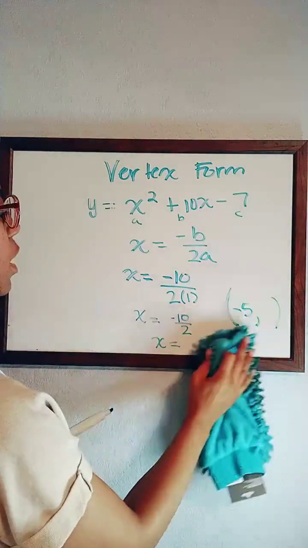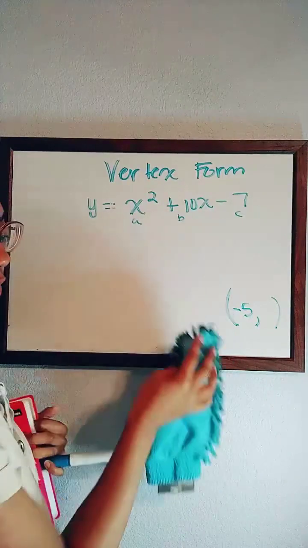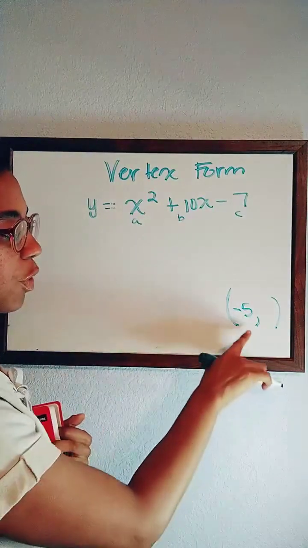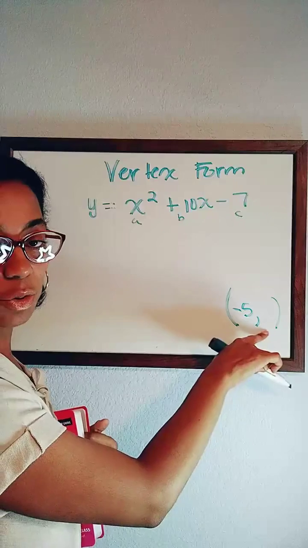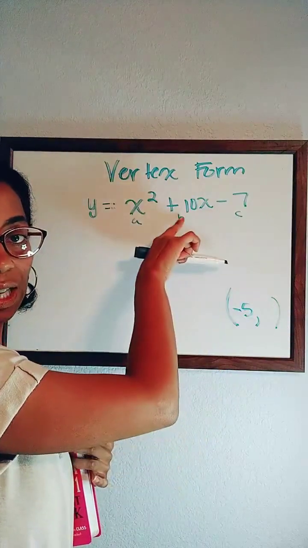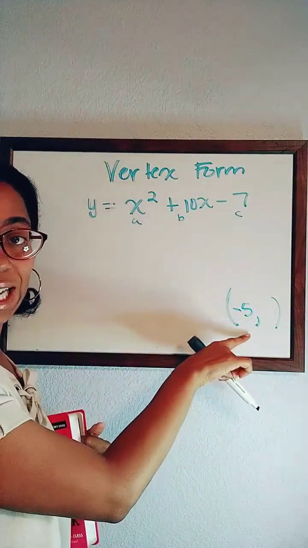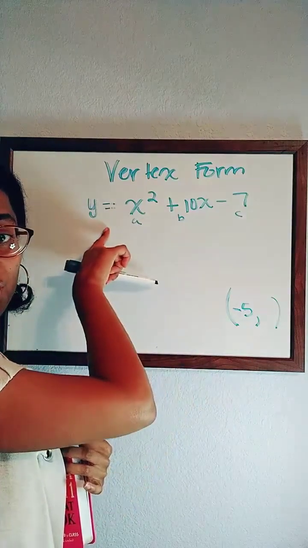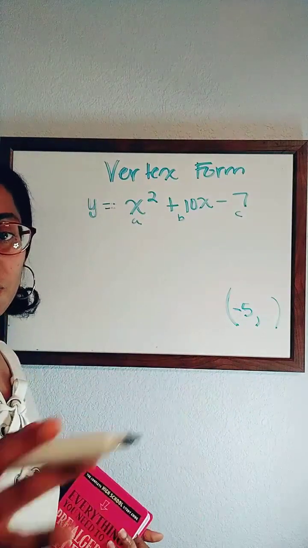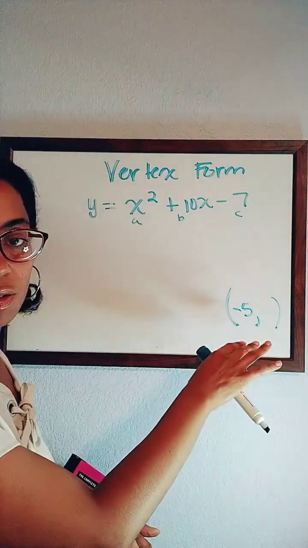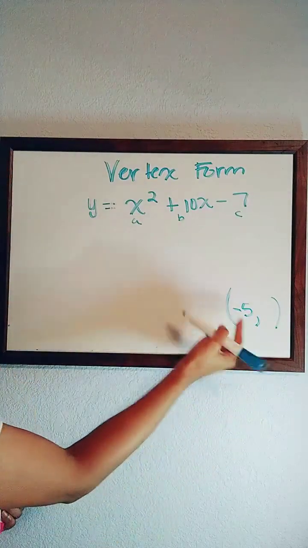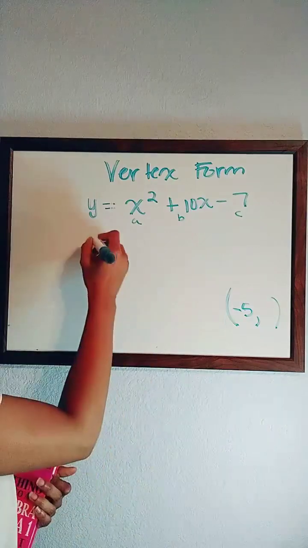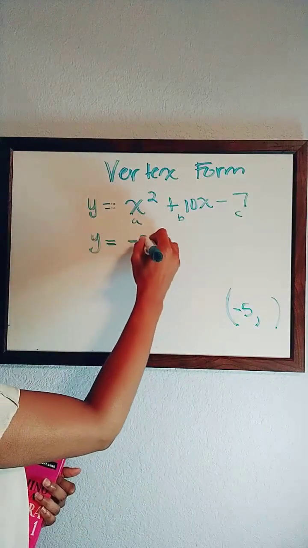All right, so Lex, you hear what everyone is saying? When you find one part of your solution, if you have a coordinate, you just plug it in and it's going to shoot you out. So you input the -5, so it'll output you the y. Remember, it's input output with these ordered pairs. So I'm going to go ahead and input -5 into the equation. So y is equal to -5.